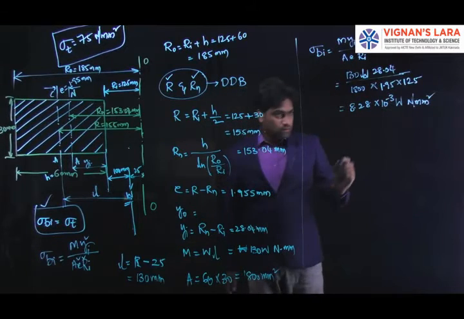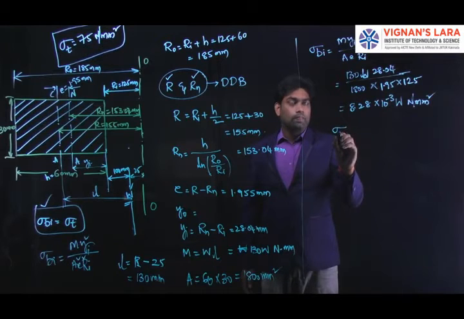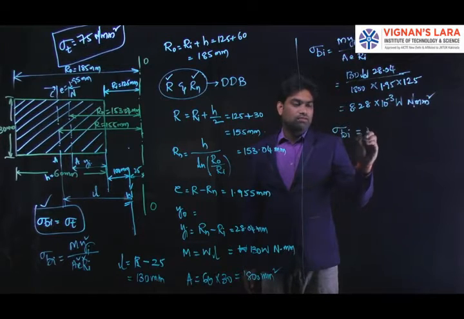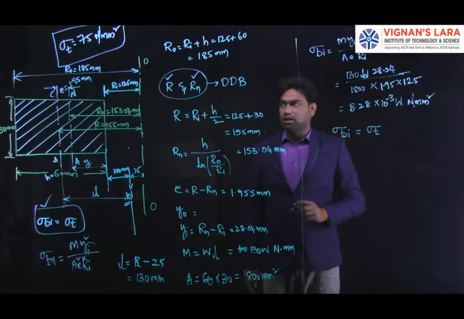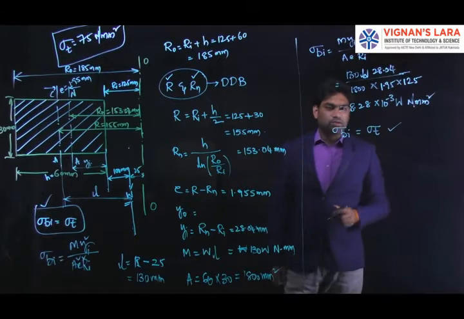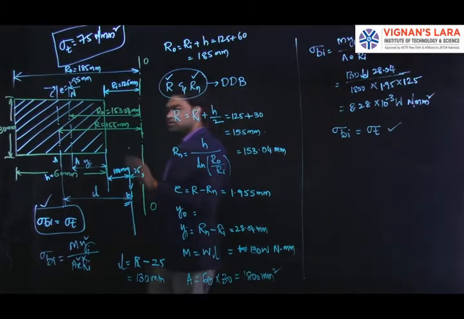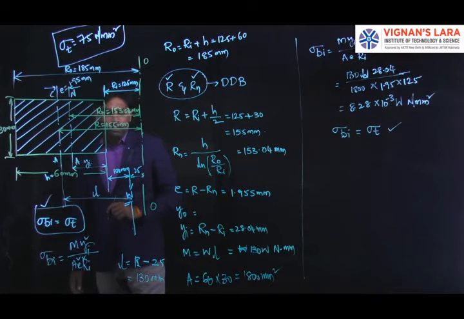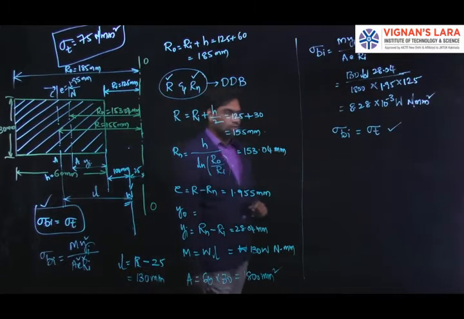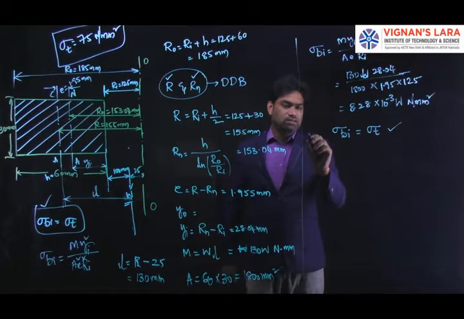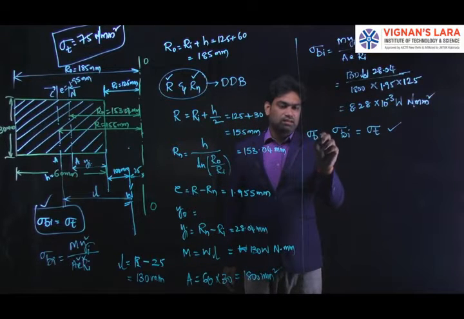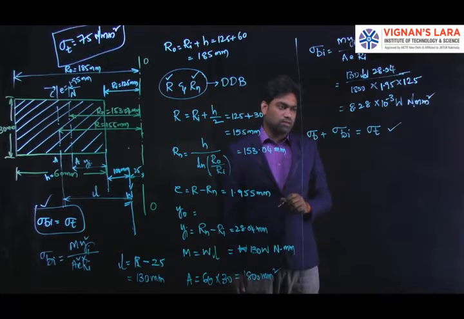So you can equate the bending stress at the inner fibers to the permissible stress sigma t. Find out up to this extent by equating that, or otherwise, if the section is subjected to direct stress, we can also take the value of direct stress here, so the resultant stress at the inner fiber is sigma b plus sigma bi.